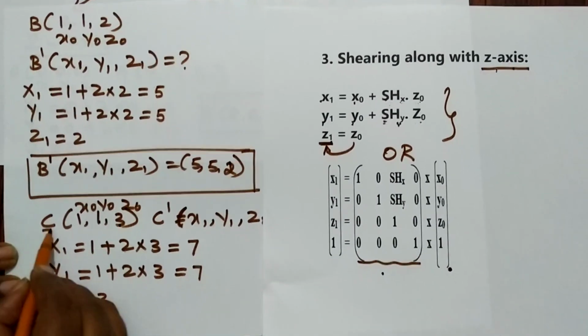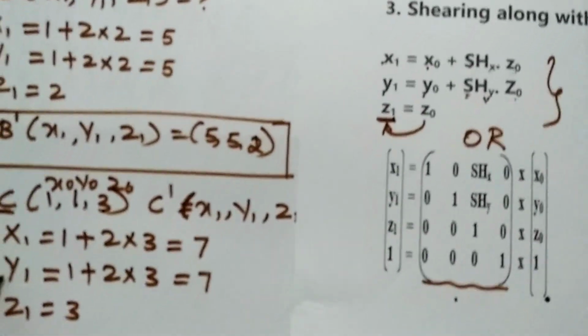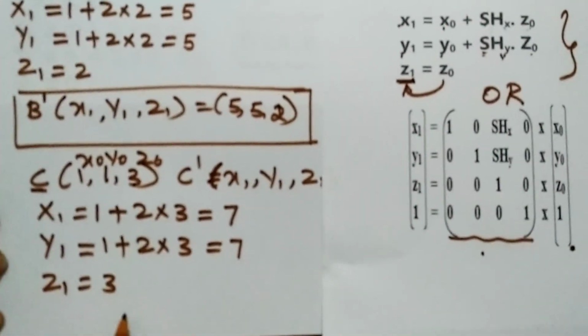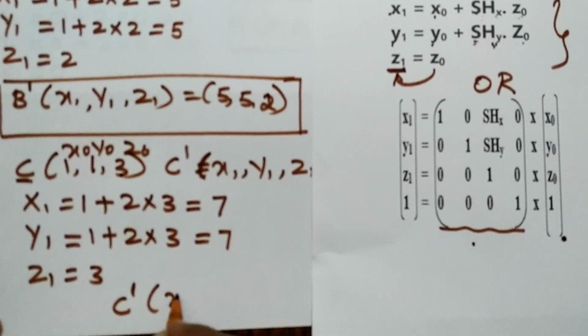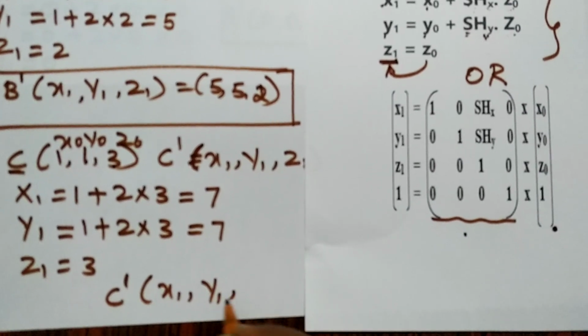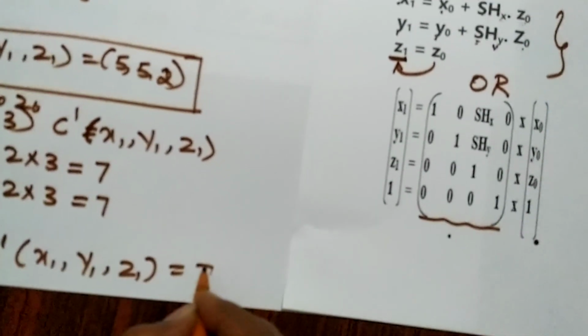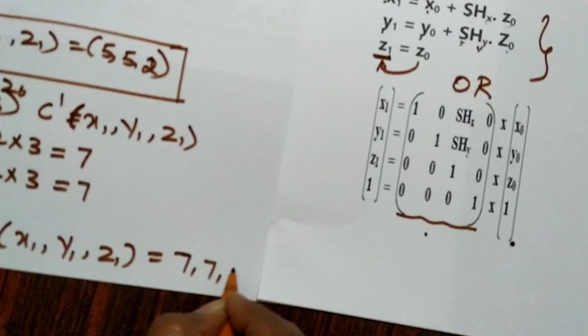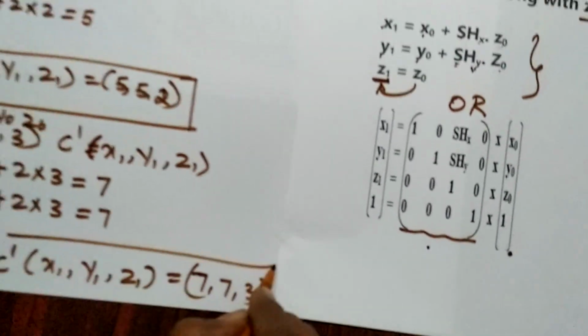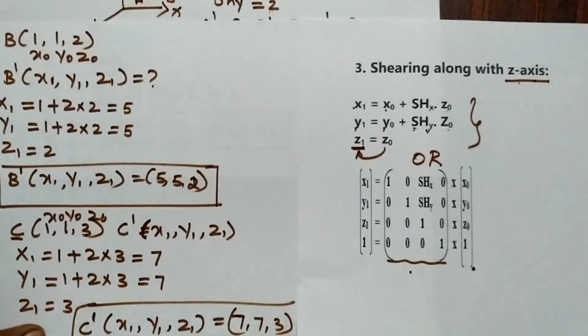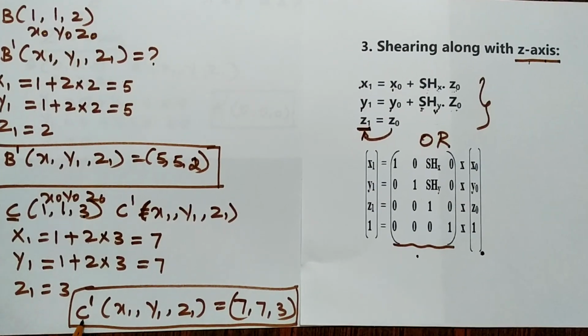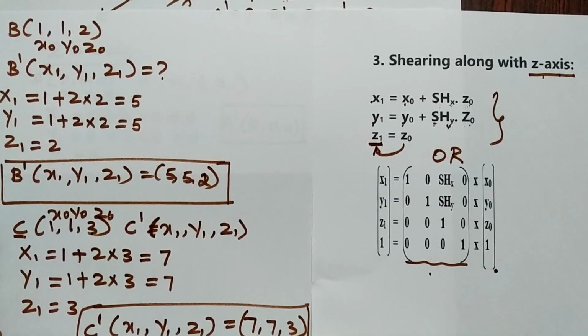Okay, for the point C, we got the new coordinate x1, y1, z1. So C dash will be x1, y1, z1 will be 7, 7, 3. So we got now the new coordinate values for a point C of a triangle.